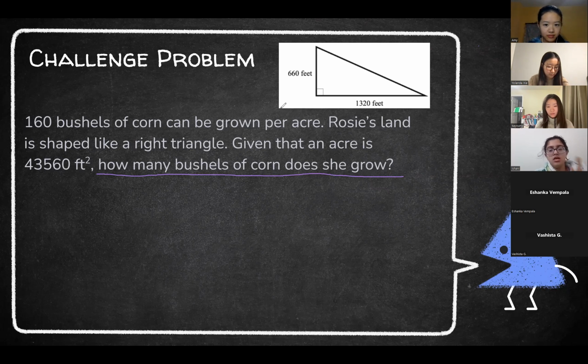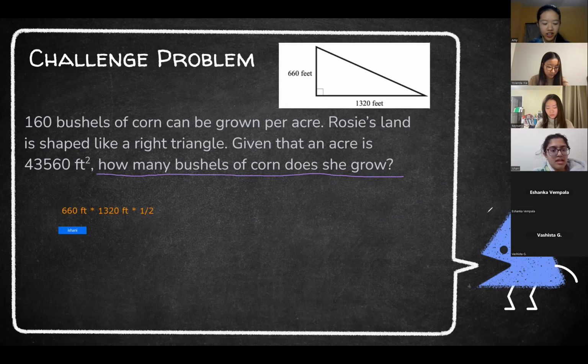So I will start off the problem by finding the area, right? You can continue solving it while I'm explaining. But basically we want to do 660 feet times 1,320 feet times 1/2, right?